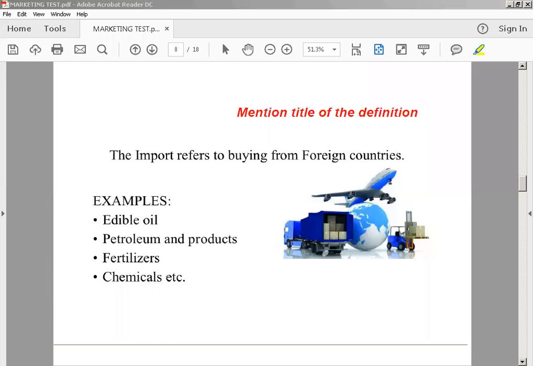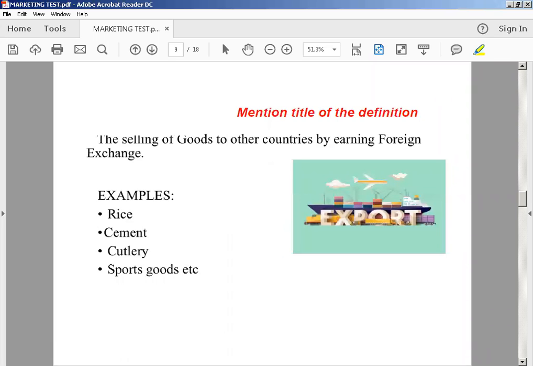It is very easy. Mention the title of the definition. You have to write down the name of this trade also. The selling of goods to other countries by earning foreign exchange.